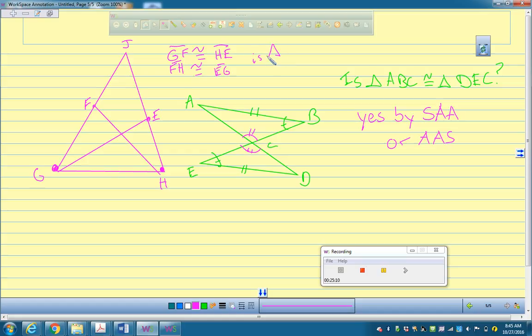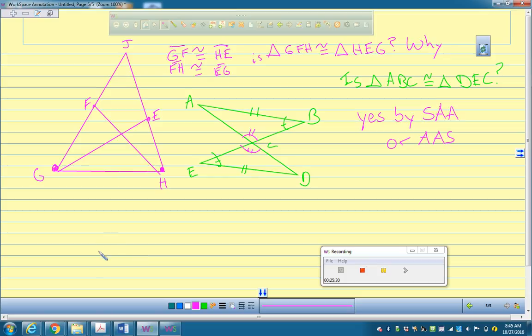Is triangle GFH congruent to triangle HEG? Why? So again, look at those triangles.